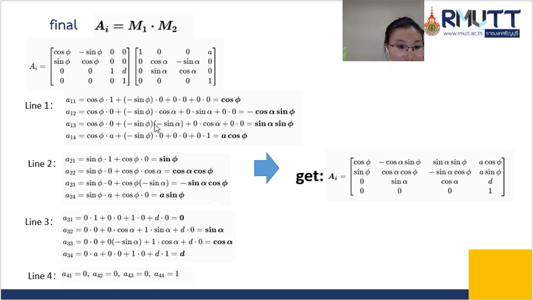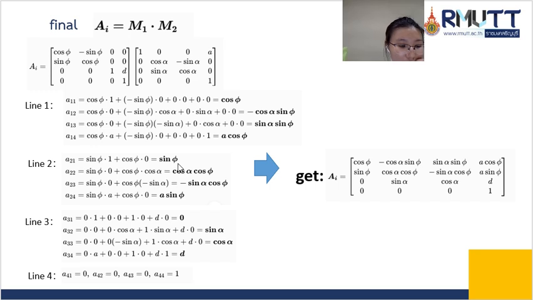The first row is cosine phi, negative cosine alpha times sine phi, sine alpha times sine phi, a times cosine phi.